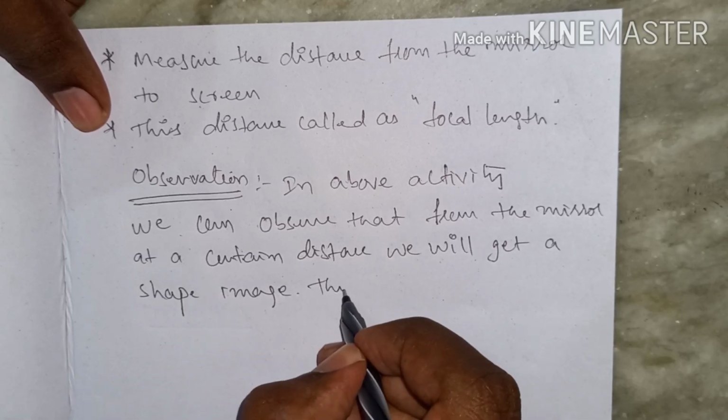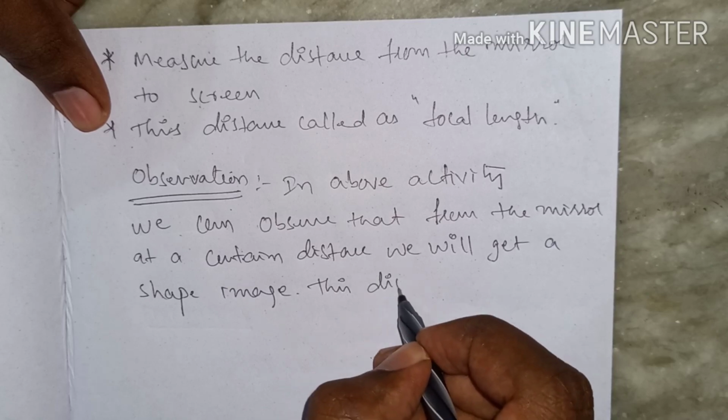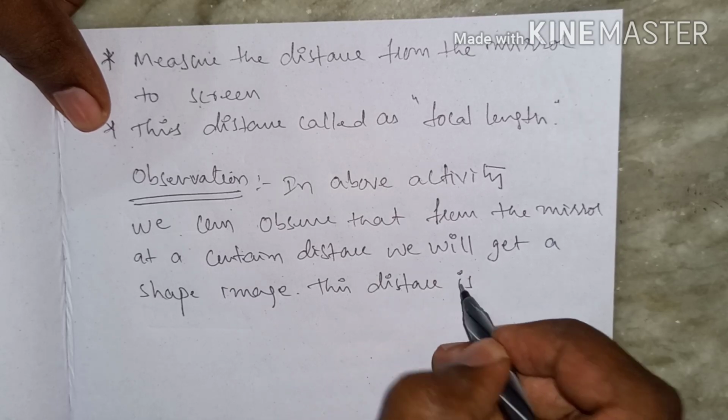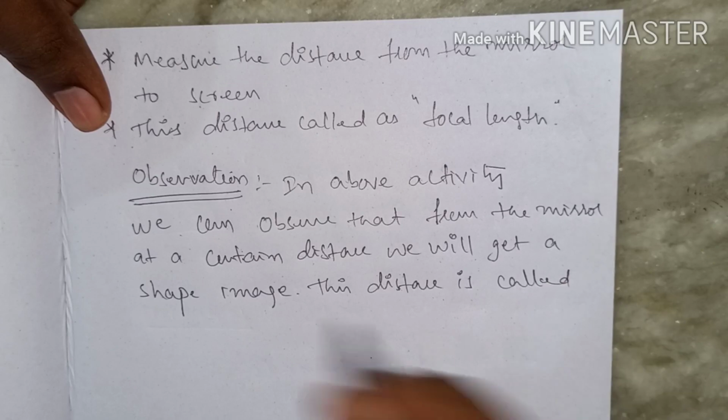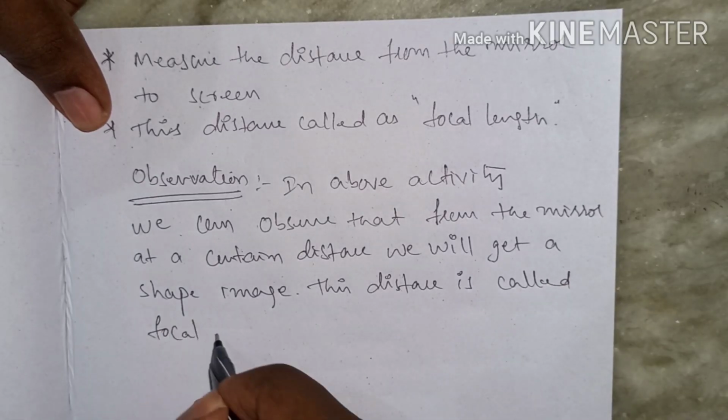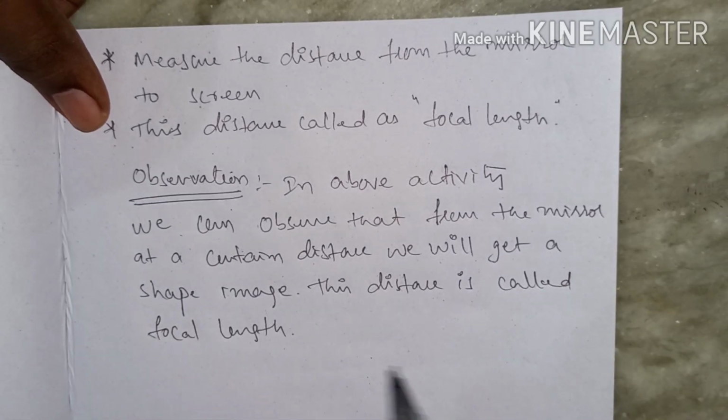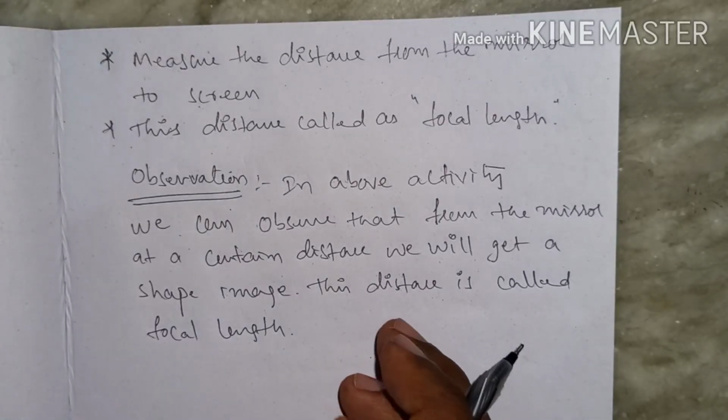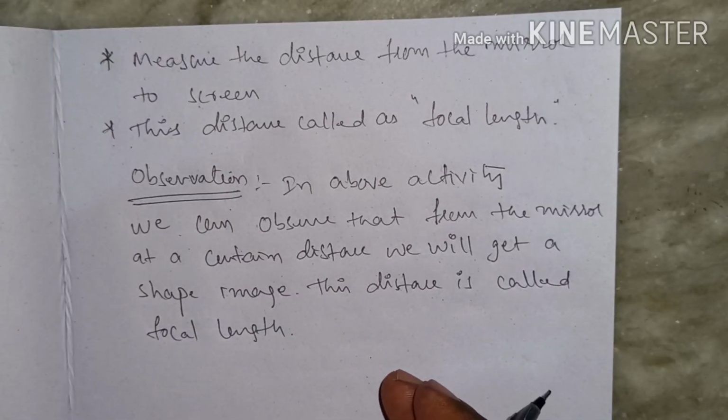This distance is called the focal length. In this way we can find out the focal length of an unknown mirror.